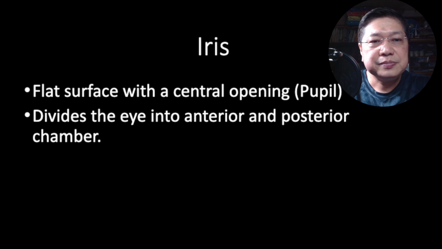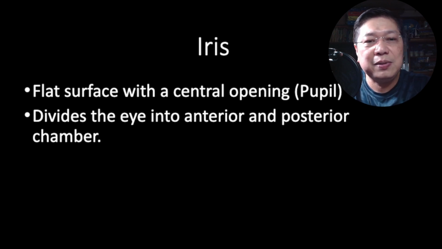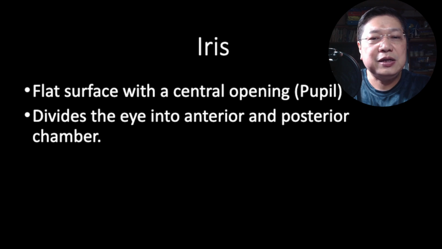The iris, it's the one with the central opening we call a pupil. It's a flat surface, and it divides the eye into the anterior and the posterior chamber. So when we say the anterior chamber, we're talking about the iris and everything in front, so that means the back of the cornea to the iris.